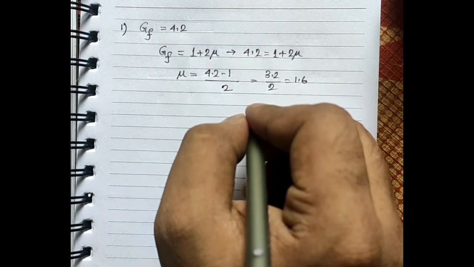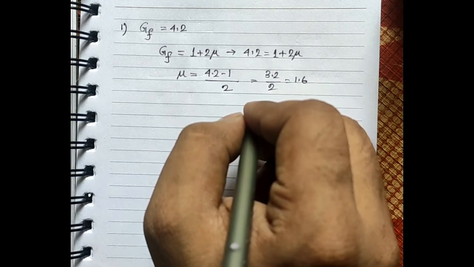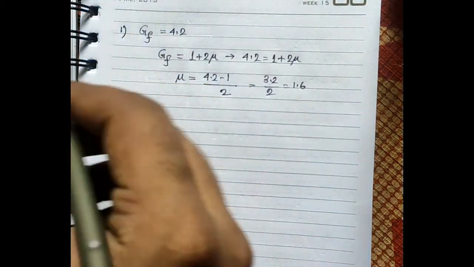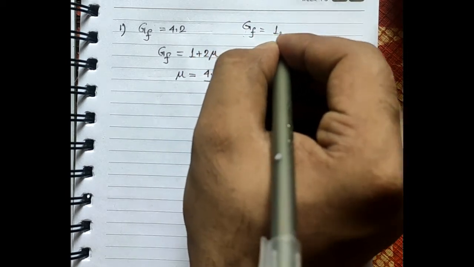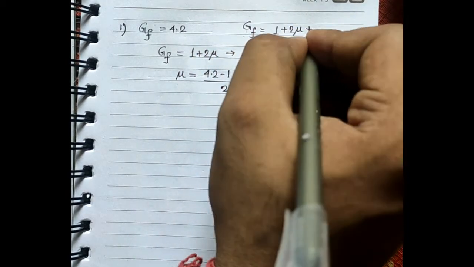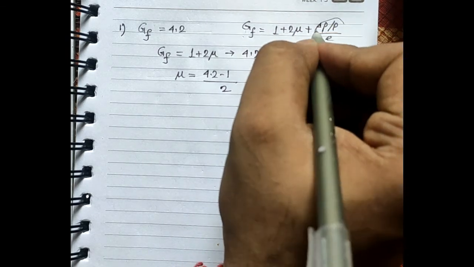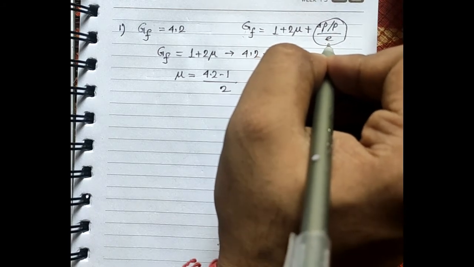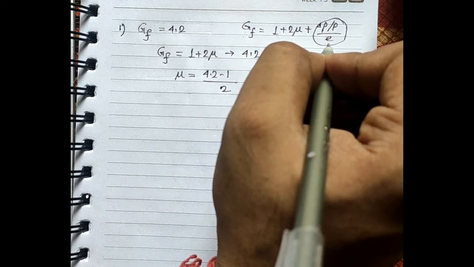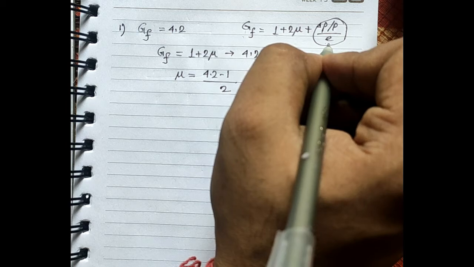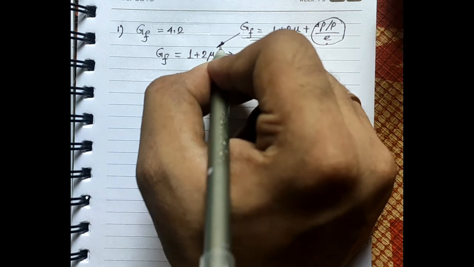So this problem is very simple and very small. Whatever is given, you must understand what type of formula you need to use. The main formula is the one I said earlier, GF equal to 1 plus 2 mu plus delta rho by E. We can neglect this last term because it is the resistance change due to the piezoresistive effect, and the question said that we have to neglect the piezoresistive effect, so the formula becomes this, and we are using that formula here.